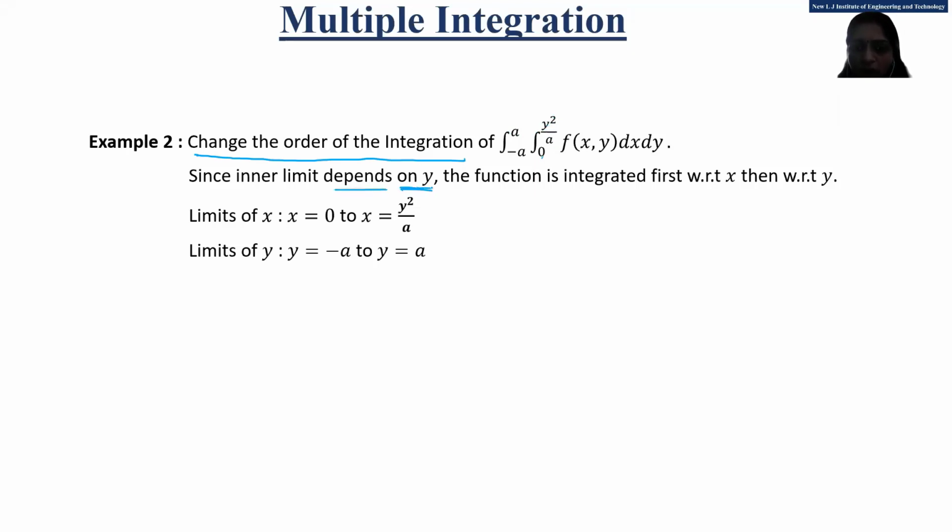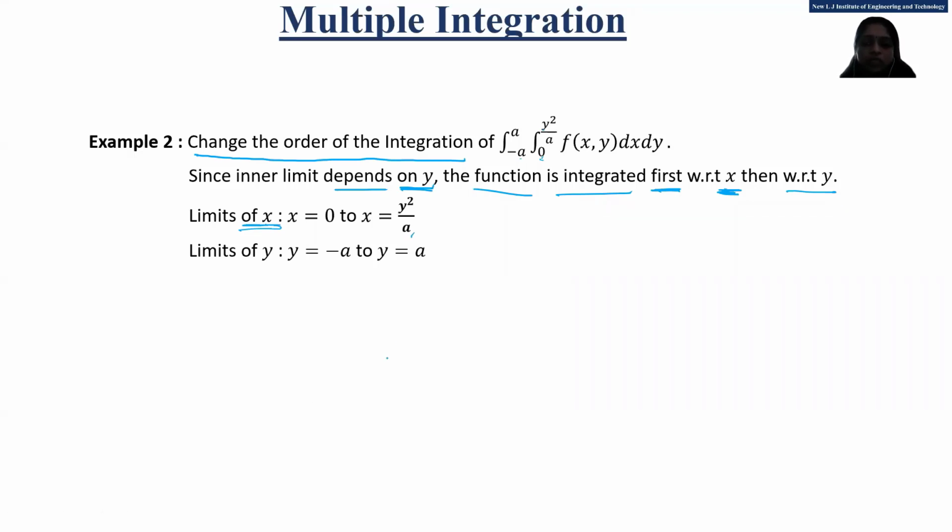It means the function is integrated first with respect to x, then with respect to y. First with respect to x, so the limit of x first: x equal to 0 to x equal to y square by a. And the limit of y is y equal to minus a to y equal to a.